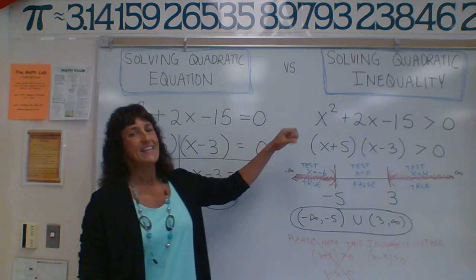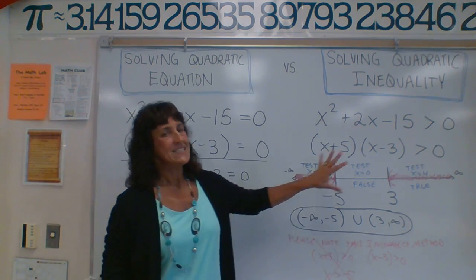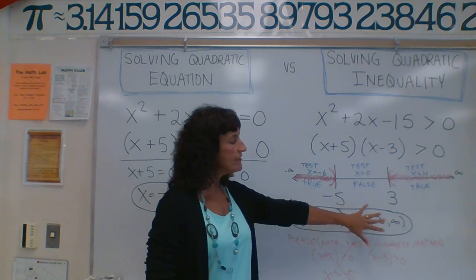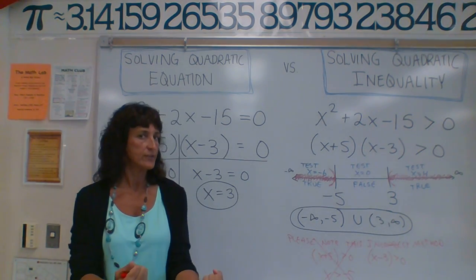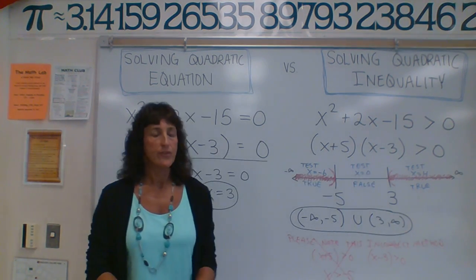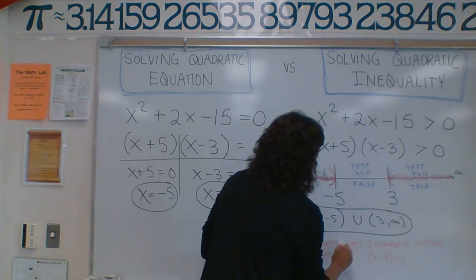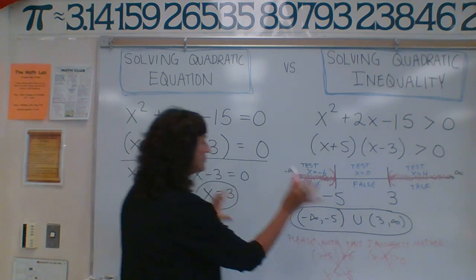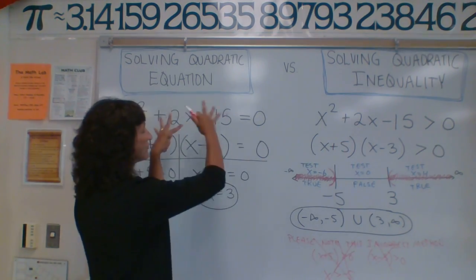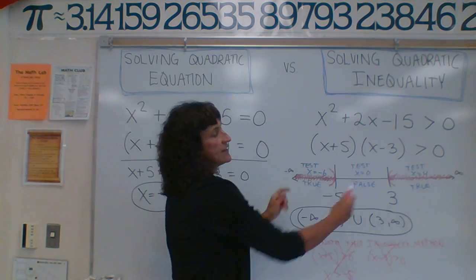When you're solving a quadratic inequality, we factor first, but then we draw a number line, zeros on the number line, test each of the intervals. You will have infinitely many solutions, you will have intervals of solutions, and you need to test the interval to see where the solutions lie. So, and please note, this is an incorrect method of solving. You don't want to use the method over here when you're solving inequality. So if it's a quadratic equation, here's your process. Quadratic inequality, it works that way.